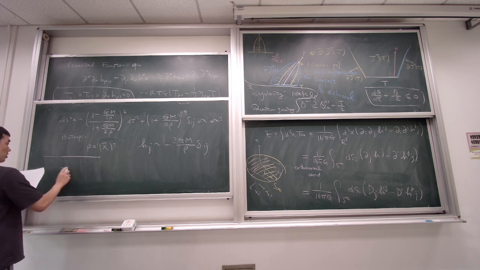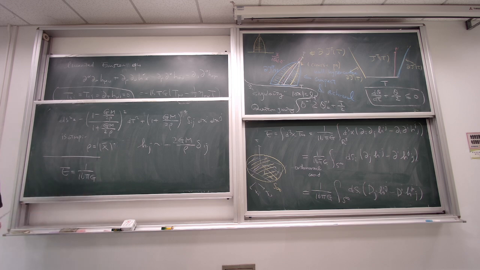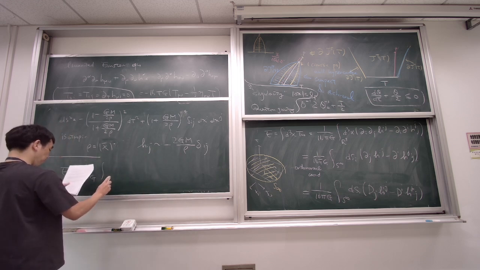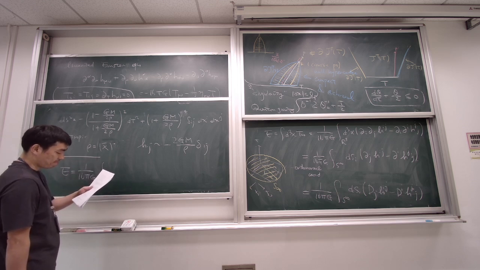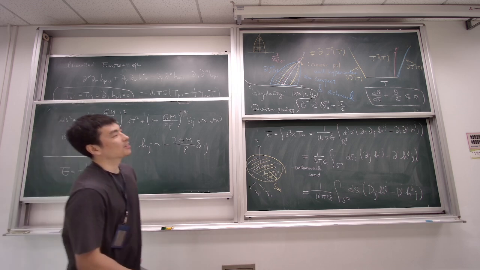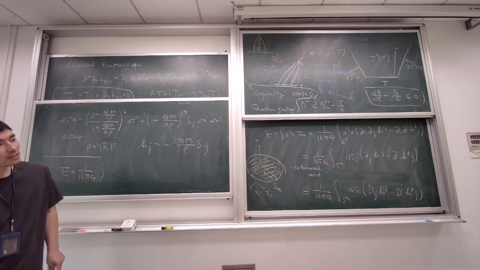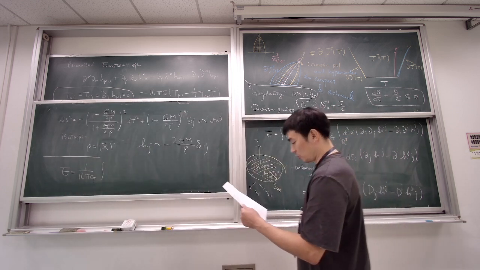Then the energy is equal to 1 over 16 pi G, and it's 2GM. What was that? Let's see. You just plug this into here.